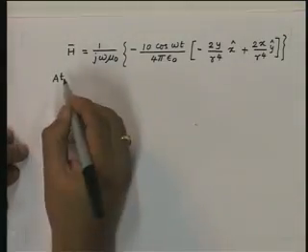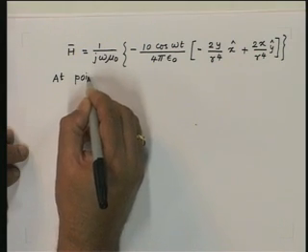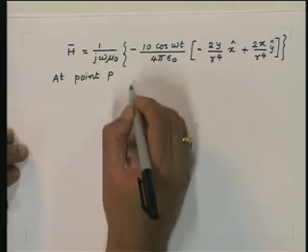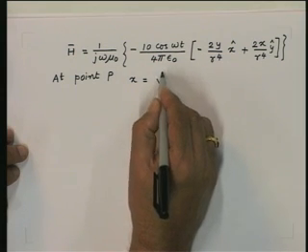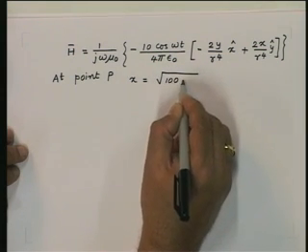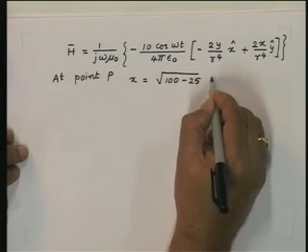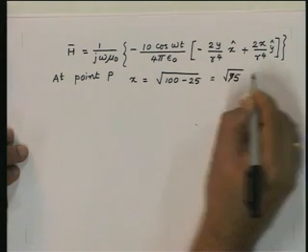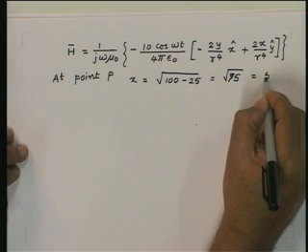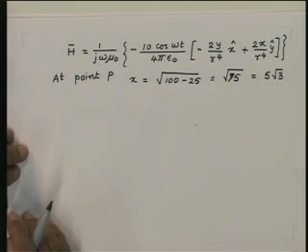So, x will be equal to square root of 75. So, at point P, we get x, which is equal to square root of 100 minus 25, which is equal to square root of 75, which is equal to 5 root 3.